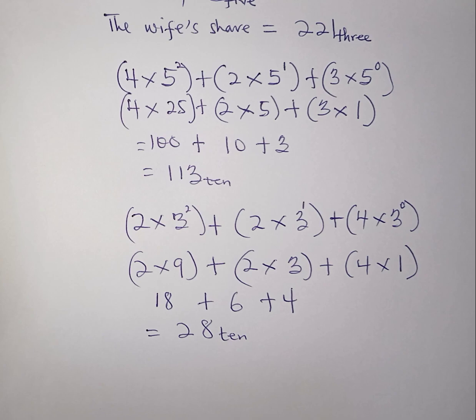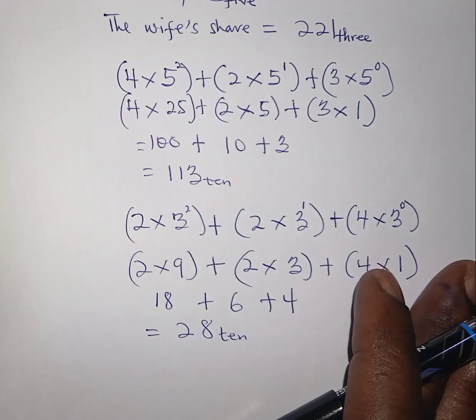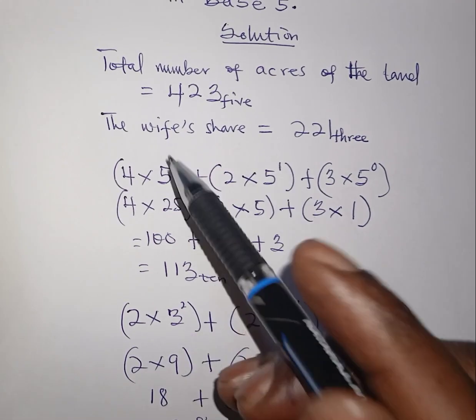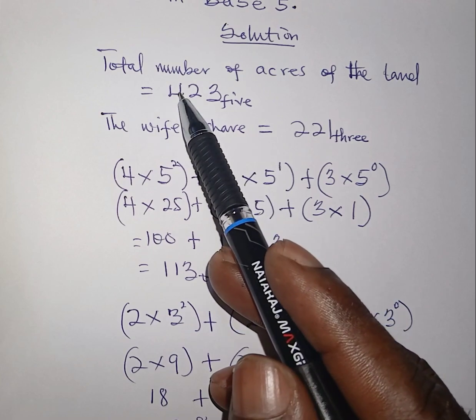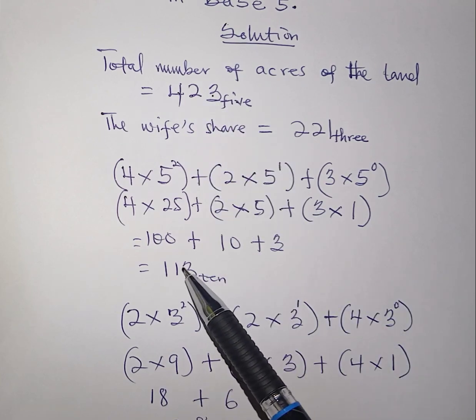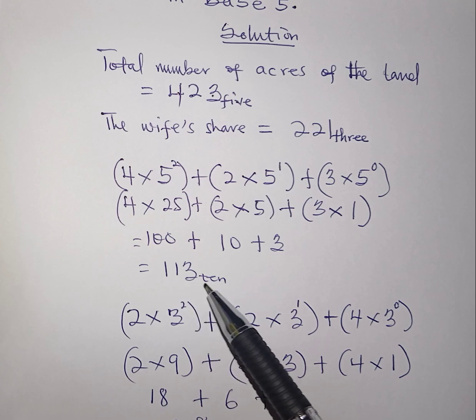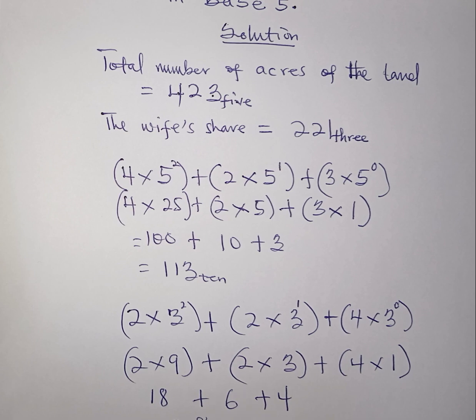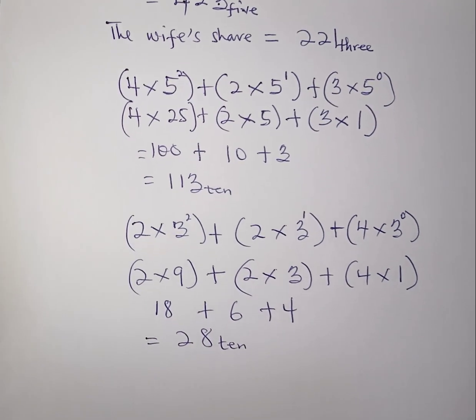Once you realize that we have all of them in the same base, finding the remainder becomes easy. Looking at this, we have the total as 423 base 5, which we changed to base 10 and got 113, and we have the wife's share. So to get the remainder, we need to subtract the wife's share from the total.